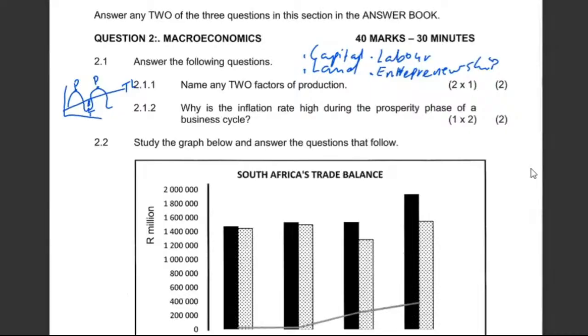Okay, right. So now the moment these economic activities take over from the trend line towards the peak, we are saying that this is a prosperity phase. And the moment the business activities are classified under the prosperity phase, it means that the economy is doing marvelously. That is the indication that there is going to be experience of economic growth as well as economic development.